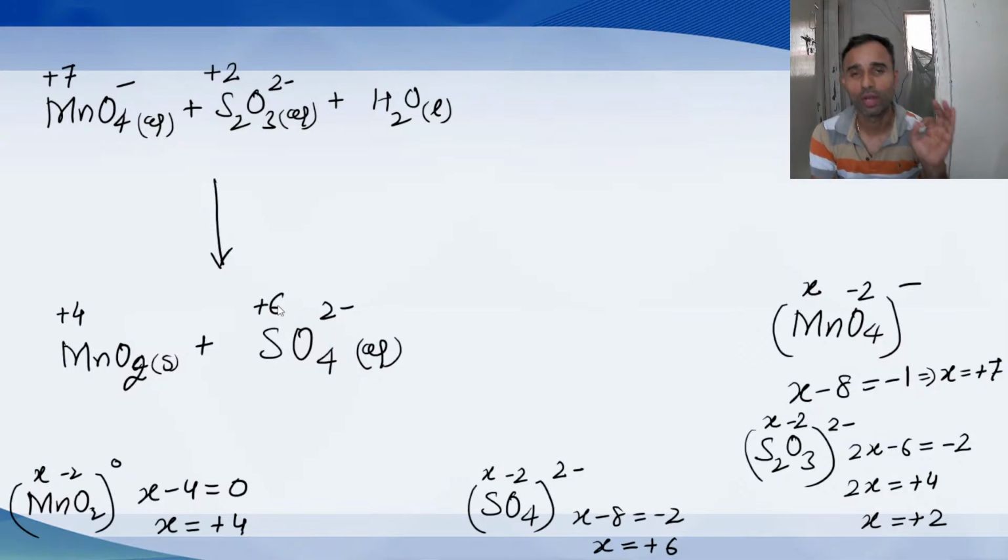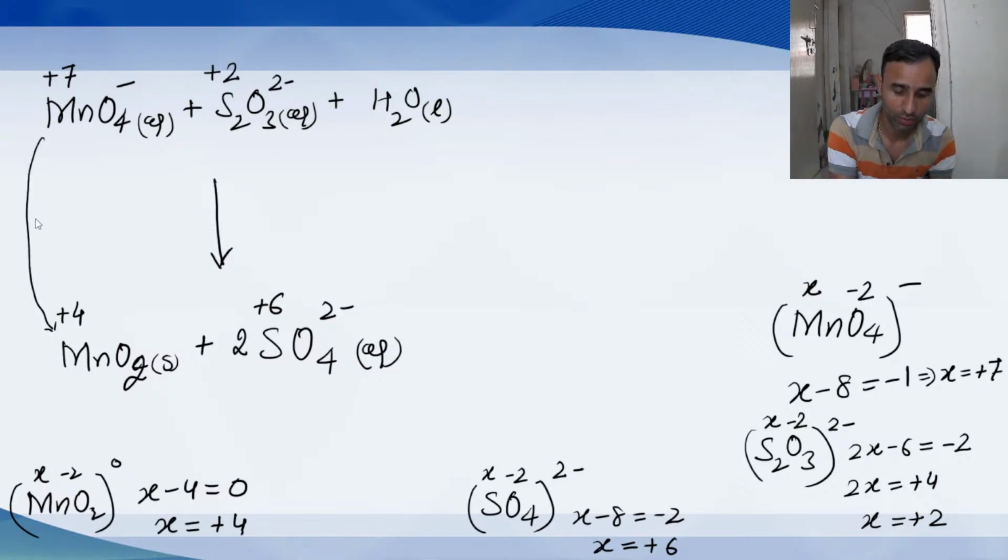So this is the oxidation number method. Balance the atoms other than hydrogen and oxygen. See, manganese 1, manganese 1, sulfur 2, sulfur 2. Now, what is the change in oxidation number of manganese? Plus 7 to plus 4. The oxidation number is decreased by 3.